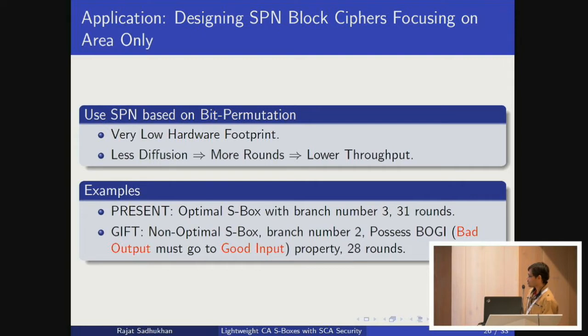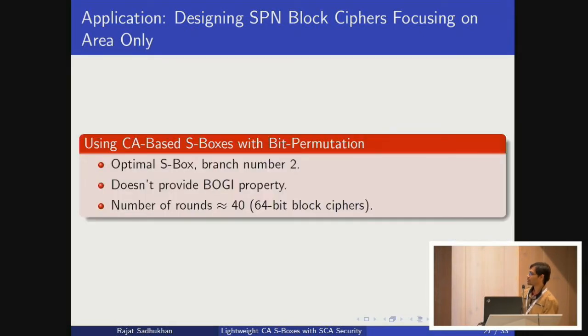But the GIFT S-box possesses a BOGI property, which they utilize to reduce the number of rounds to 28. But if we use our S-box with the bit permutation, we get more rounds because we do not have the BOGI property. But this paradigm has the least area because permutation doesn't consume area. So using this paradigm, we are able to show that our design is optimized in terms of area.